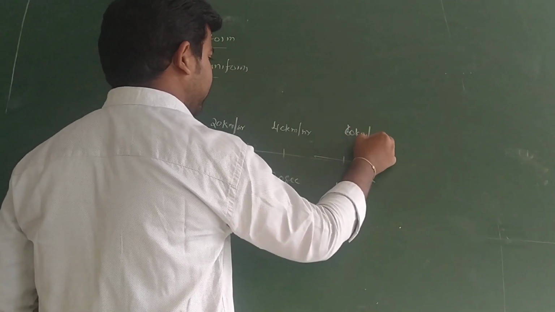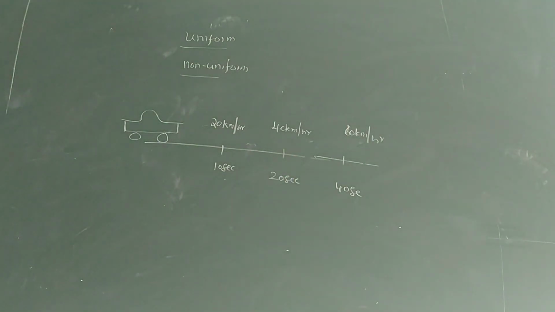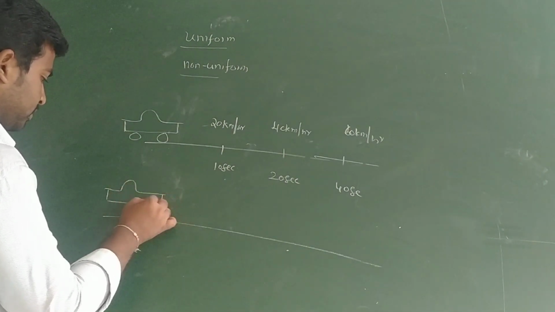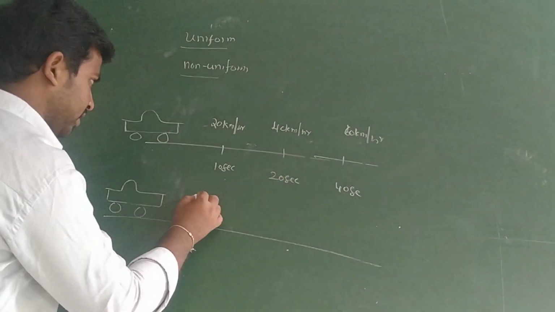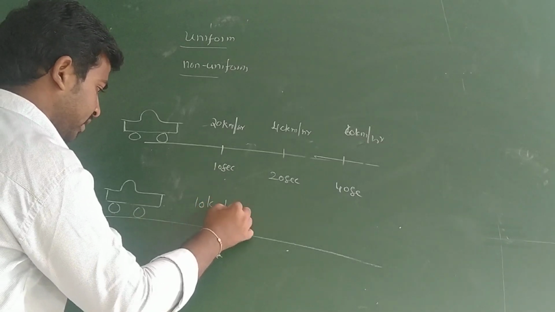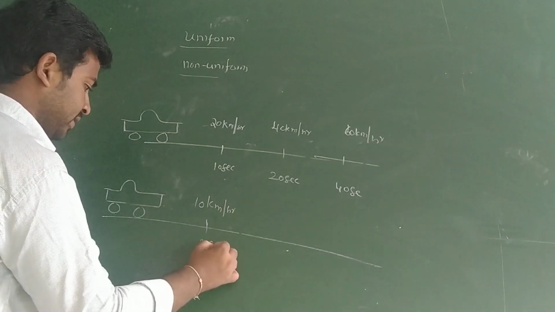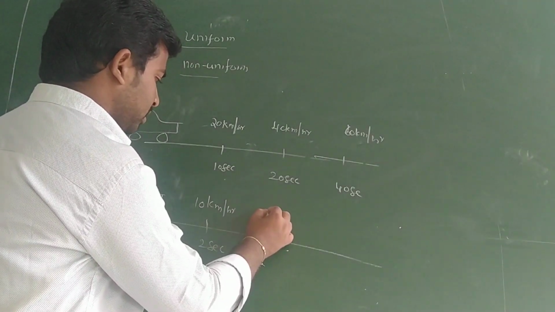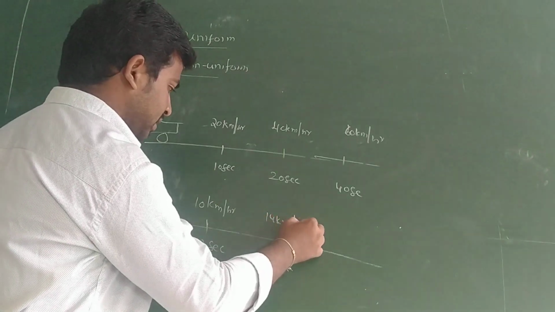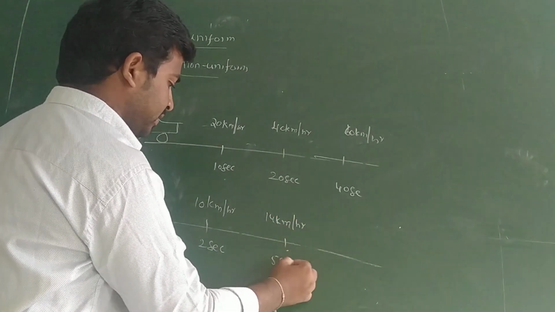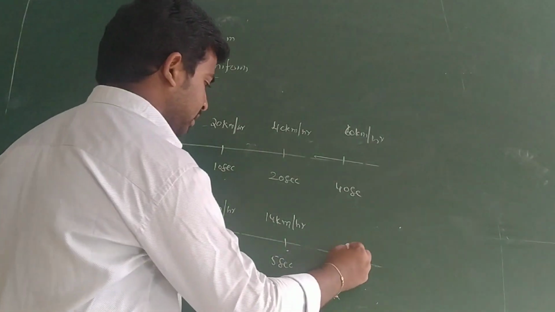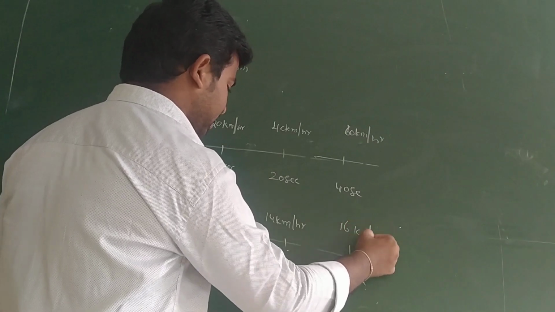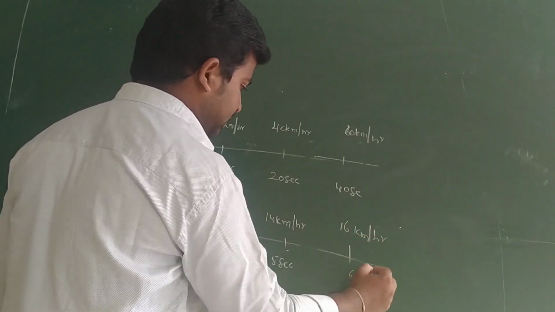60 km per hour. But I am taking one more car, right? This car is moving at 10 km per hour for 2 seconds, and 14 km per hour for 5 seconds, and 16 km per hour for 16 seconds.